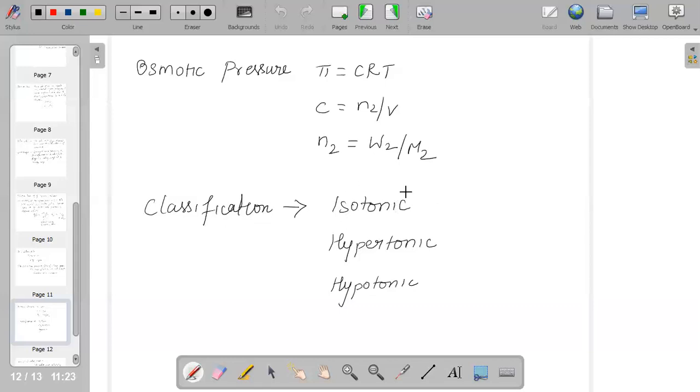It is categorized as isotonic, hypertonic, and hypotonic. Isotonic means two solutions possessing the same osmotic pressure at a given temperature. I repeat, two solutions possessing the same osmotic pressure at a given temperature, we say it is isotonic.